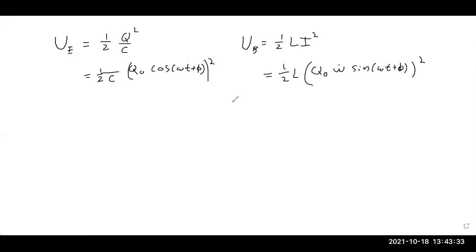And our total energy then must be the sum of these two things. So U is standing for our energy or potential energy. UE is energy in our electric field. UB is energy in our magnetic field, where the electric field is what the capacitor has, and the magnetic field is what the inductor has.